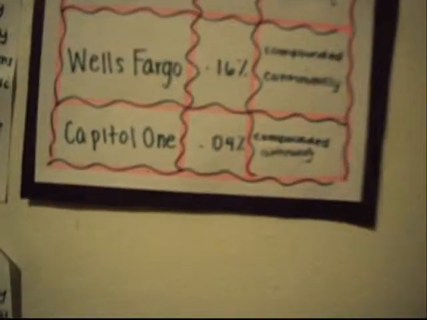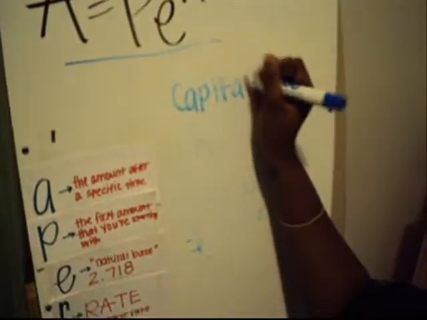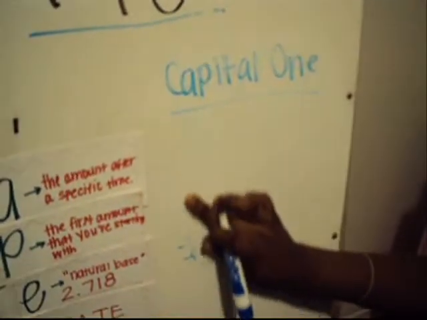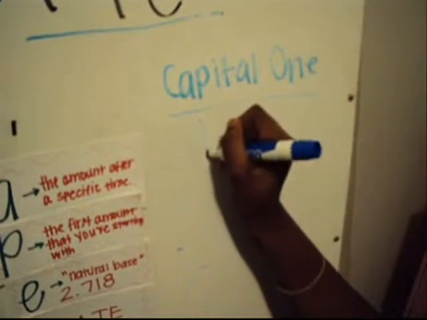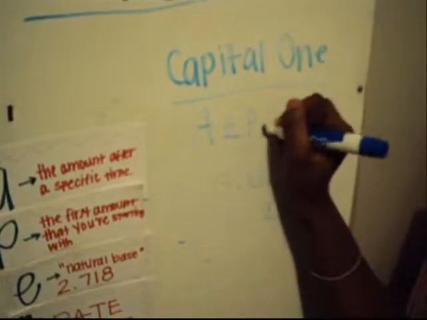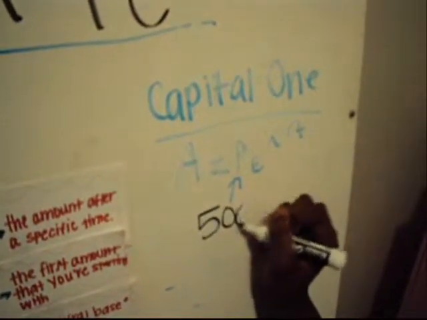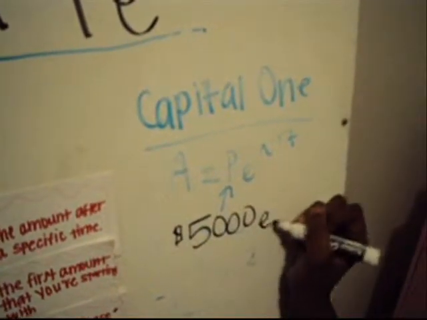And last but not least, Capital One. Remember your equation, A equals PE to the power of RT. And again, your P equals $5,000. Bring the E down.